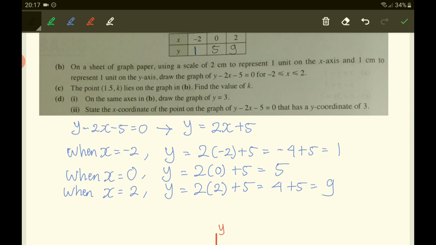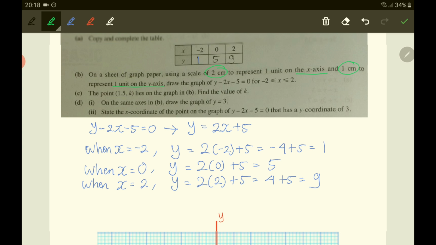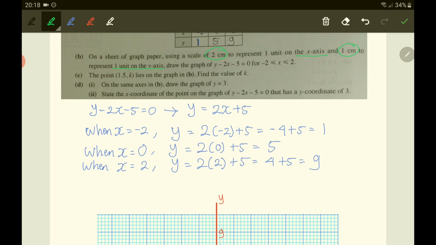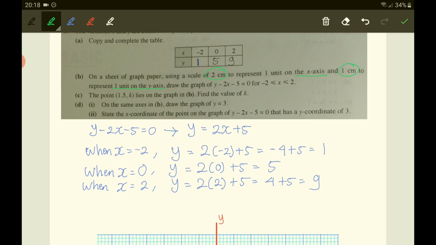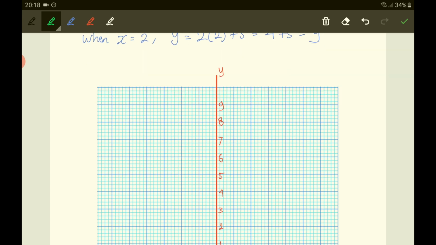On the graph paper, using a scale of 2 centimeters to represent 1 unit on the x-axis, and 1 centimeter to represent 1 unit on the y-axis. I have already drawn the Cartesian diagram with x and y, with the scale 2 centimeters for the x-axis and 1 centimeter for the y-axis.